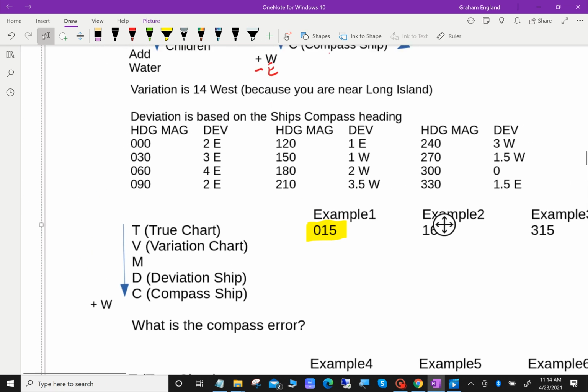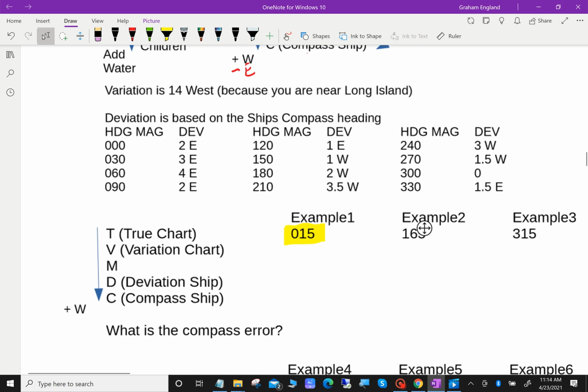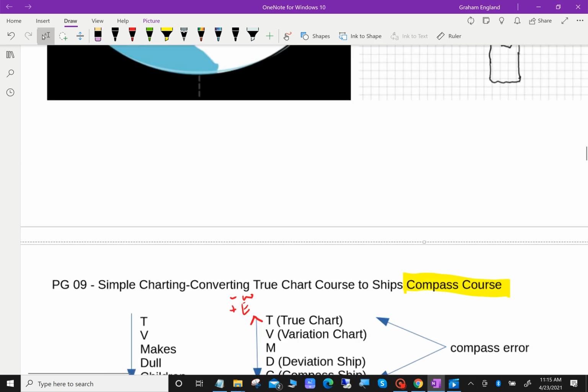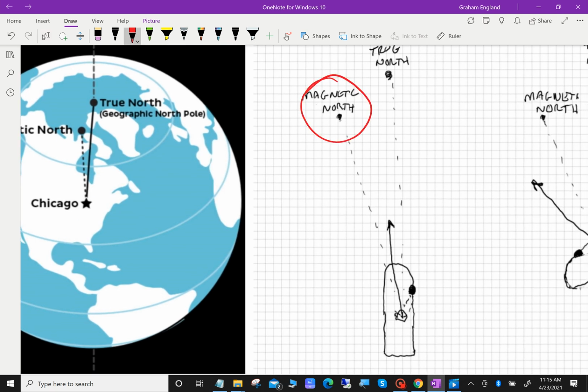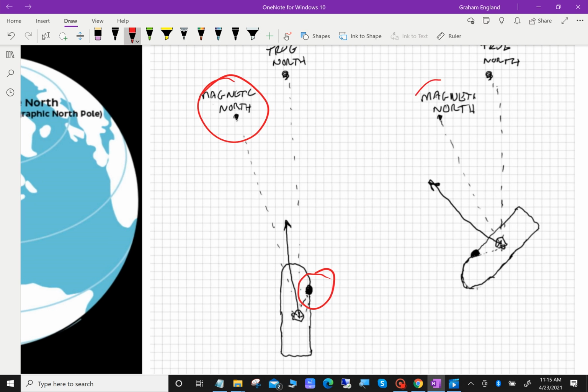Great. Now we look at how do we convert that to my ship's compass. My ship compass, remember, has the effects of magnetic north, and the effects of the metal on my boat. The magnetic north is called variation.